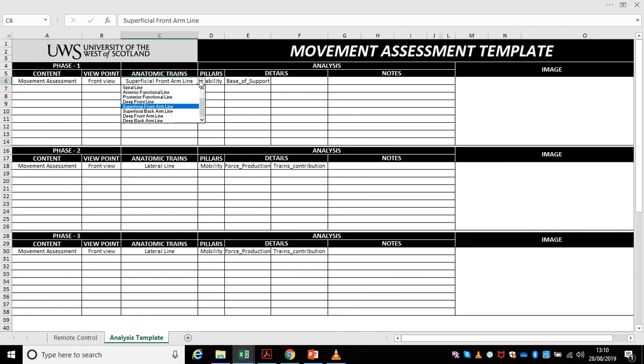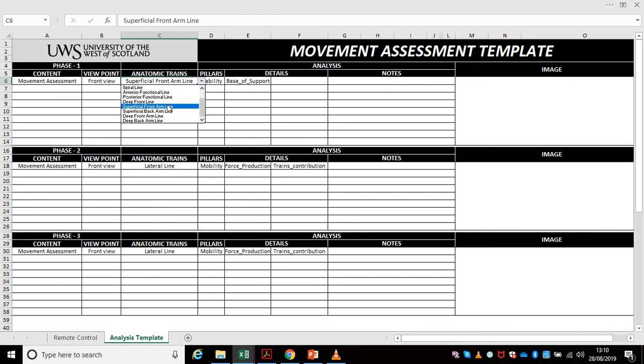Here we should select the specific anatomic chains contributing to each one of the given phases we have identified in the breakdown of the movement.